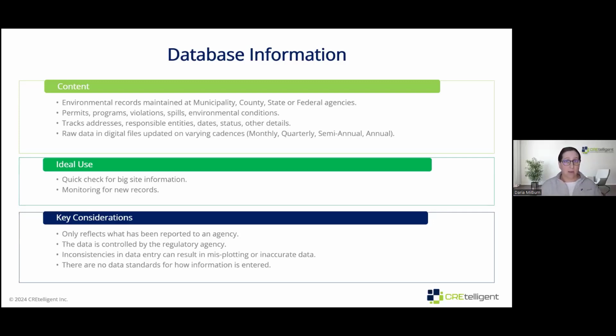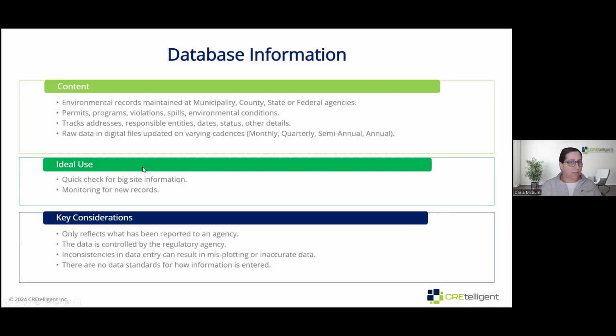So while in their offices, they're entering this information real time, the file that they make available publicly for download in a bulk data file is not updated in real time. It is updated in one of these cadences.